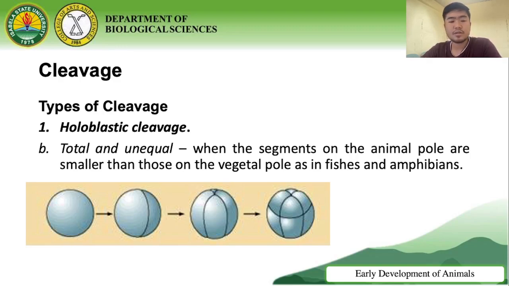Okay? So, sa unang mga stages, in the 2 cell to 4 cell stages ay sabi natin pare-pareho, but later on, makikita natin that the animal pole is smaller than the vegetal pole, or the cells in the animal pole is smaller than the cells dividing in the vegetal pole. So, that it is total and unequal.